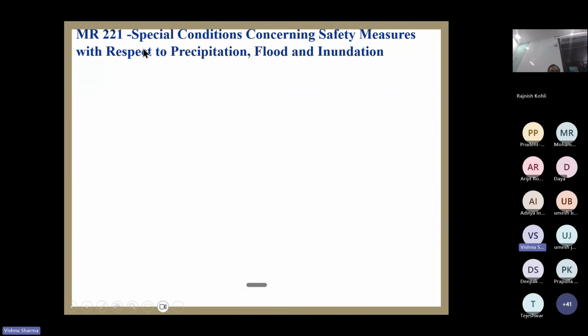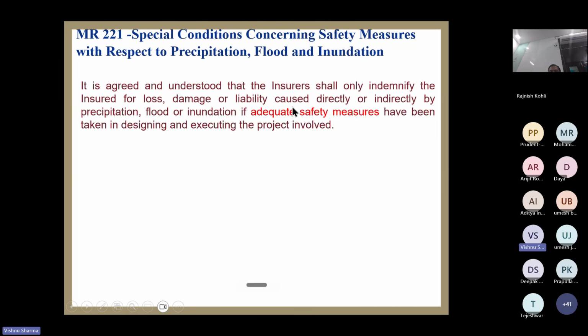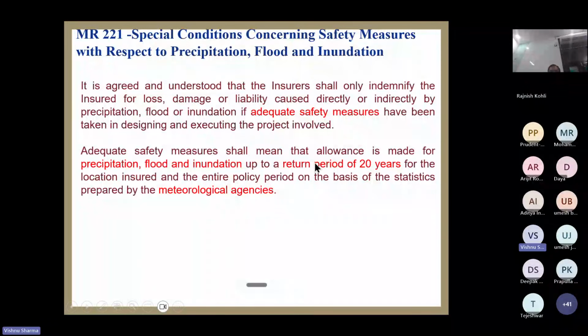Now 2 to 1, and the other one is same. This is again safety measures. इससे पहले 110 देखा था ना. 11 and 2 to 1. It is same. The wording is almost same. It again says the loss will be payable only if the adequate safety measures have been taken. What adequate safety measures?